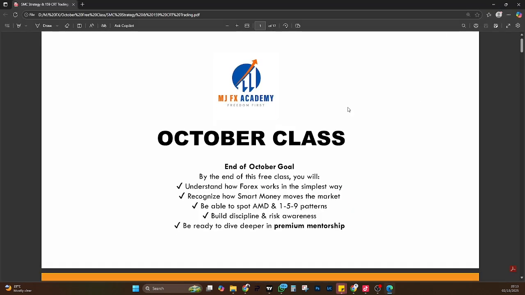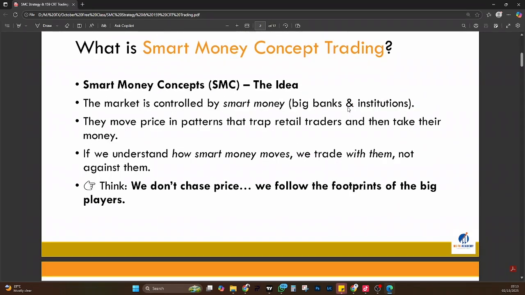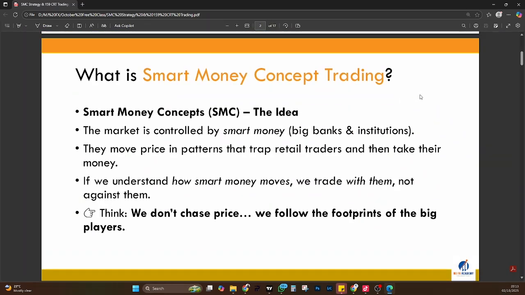So first things first, what is smart money concept trading? Smart money concept trading is generally not about a strategy. It is a concept. It's a thinking you have to come with in the market before you execute.